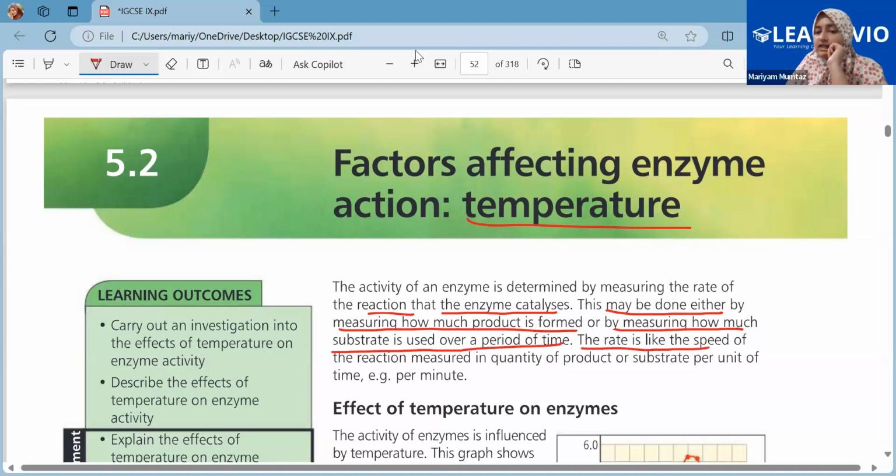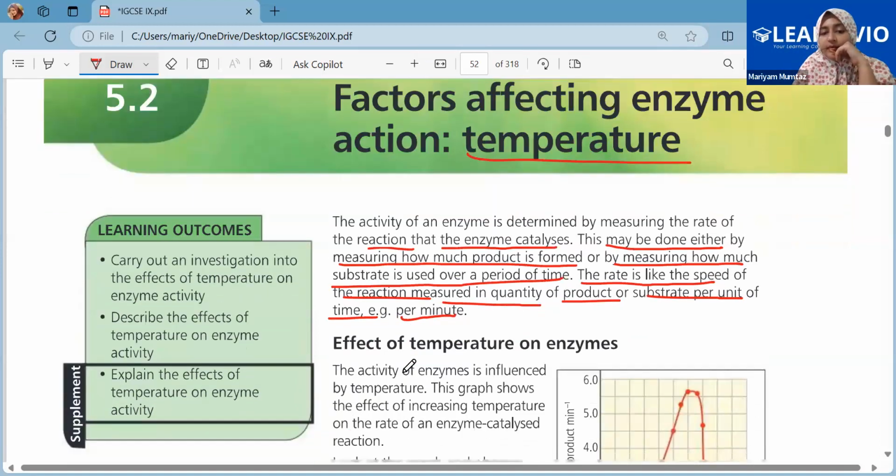The rate is like the speed of the reaction measured in quantity of product or substrate per unit time or per minute. For example, if we have provided 5 substrates and 5 products are being formed, then we can say that the enzyme is working perfectly. It's working just like how it is supposed to.